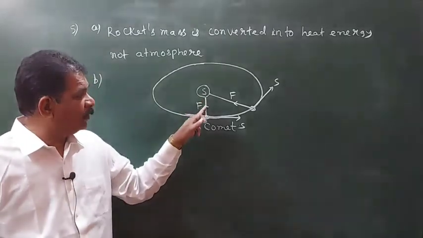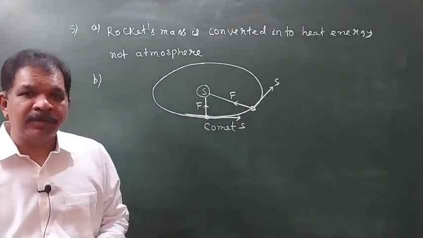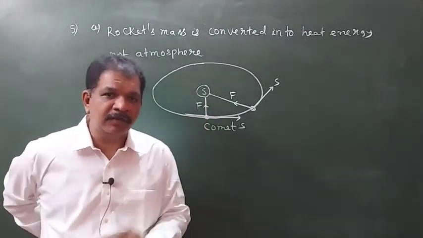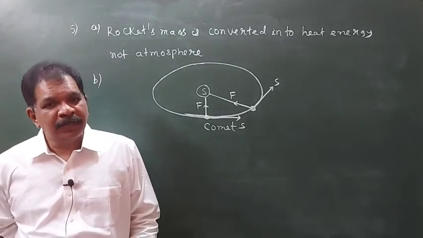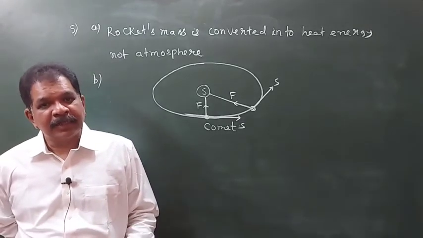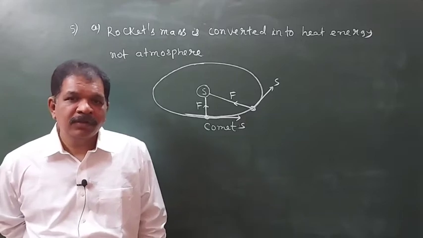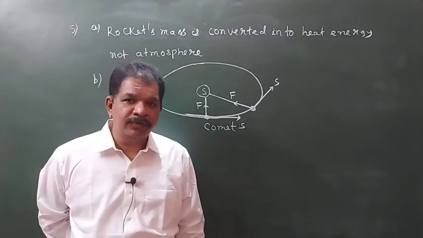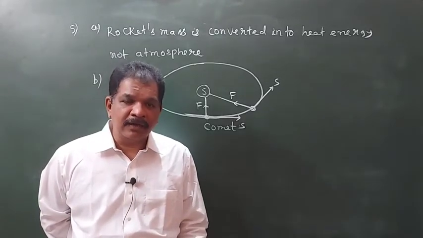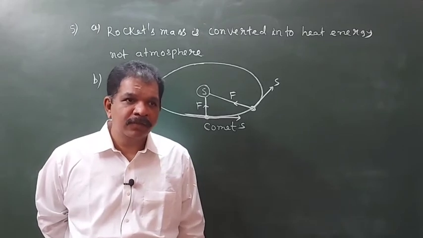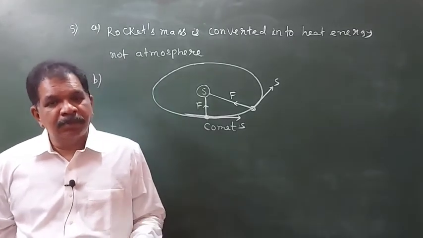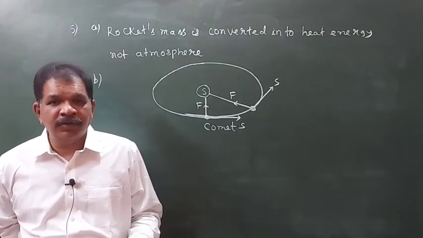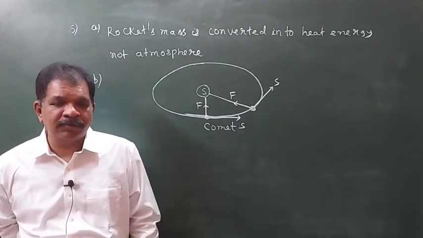Here, the force between the sun and the comet will be gravitational force. Gravitational forces are conservative forces. What are conservative forces? What are non-conservative forces? Work done by the force. Who will do the work? Force will only do the work.